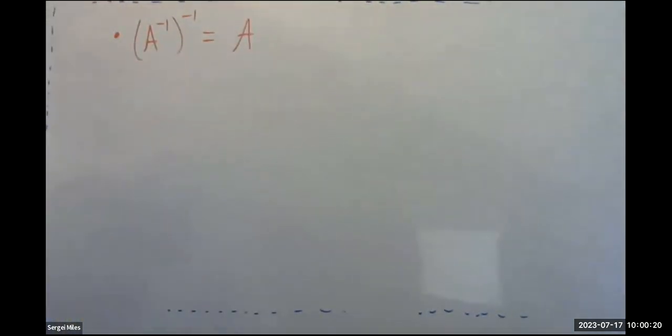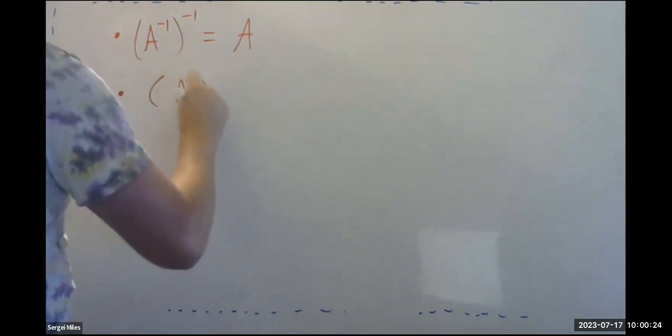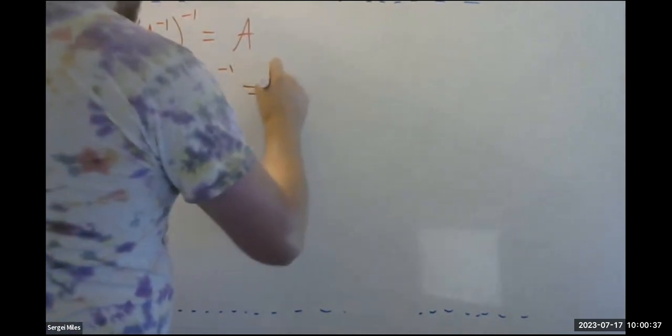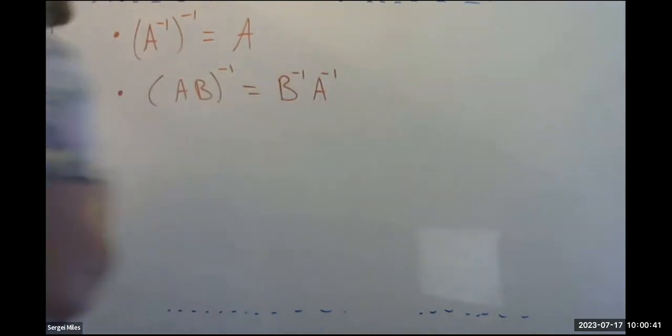Okay. Now this next one is a little bit different. If you're trying to take the inverse of a matrix A times a matrix B, now of course these both have to be square, otherwise you couldn't take an inverse, right? They have to be square. This is going to be, you're going to flip the order, and it's going to be B inverse times A inverse, right?